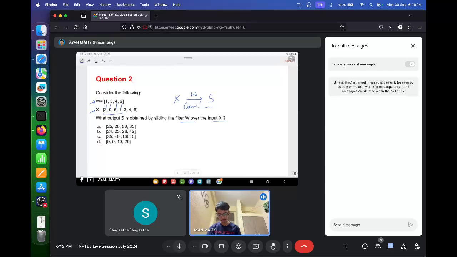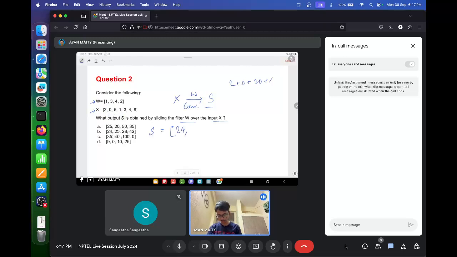The first element of s would be the sum of the point-wise multiplication of the kernel with the input. So 2 plus 0 plus 20 plus 1, so it's 24. So the first element is 24.